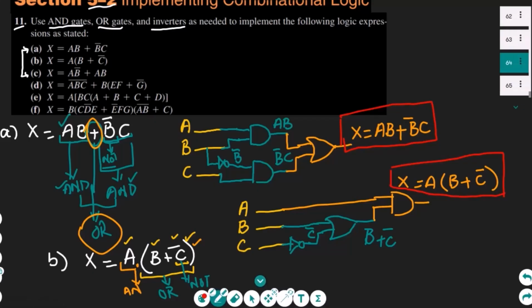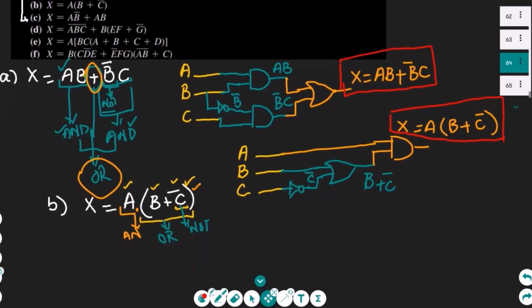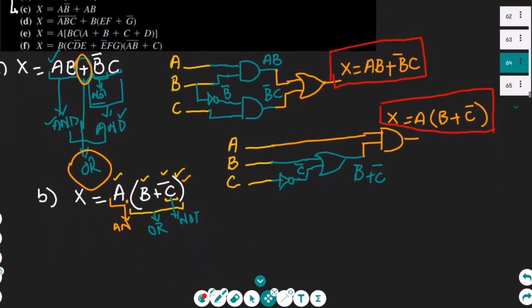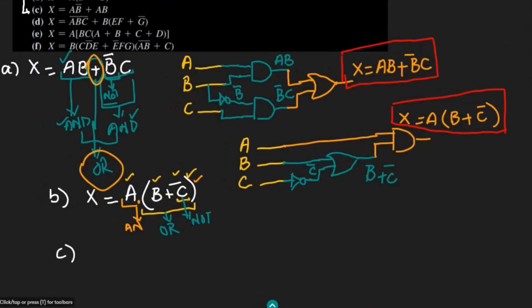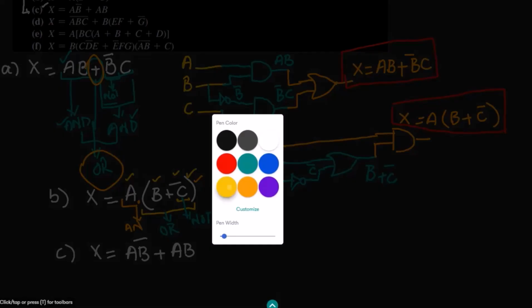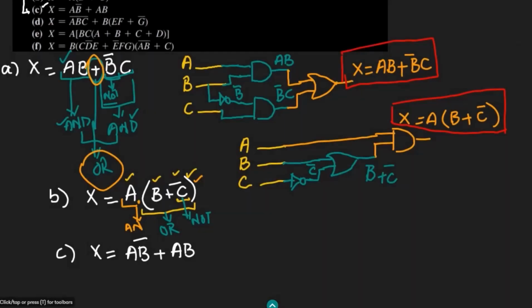Similarly, now in order to proceed to part C, let me proceed to part C here. Part C is X equal to AB complement plus AB. Again I will follow the same procedure. I have to see how many inputs I have here.